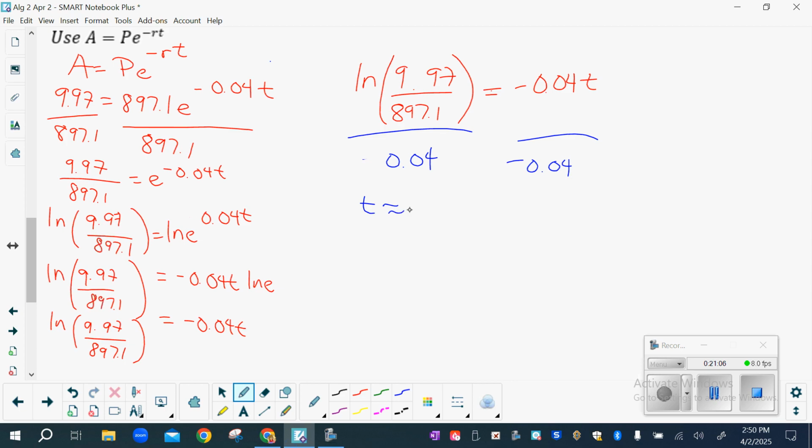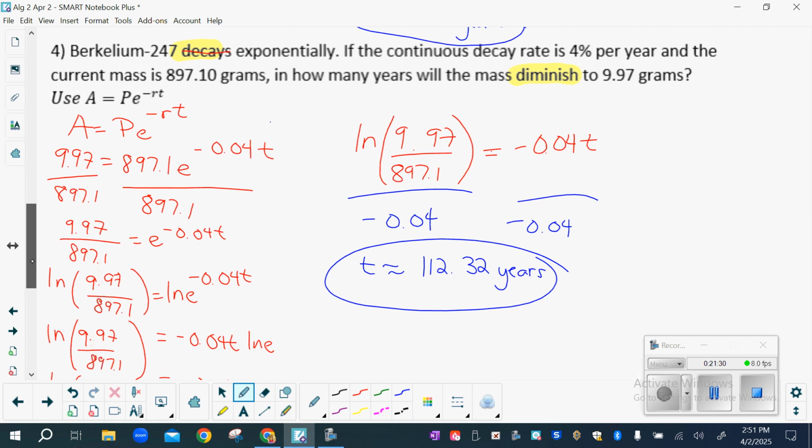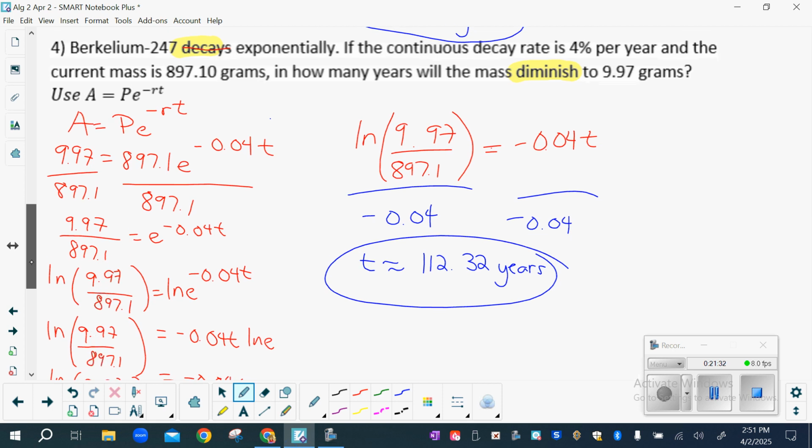And so time in years, 102.32 years. So if you rounded this here, that may be why. Or leave it as that fraction. Possible you had a copy error.